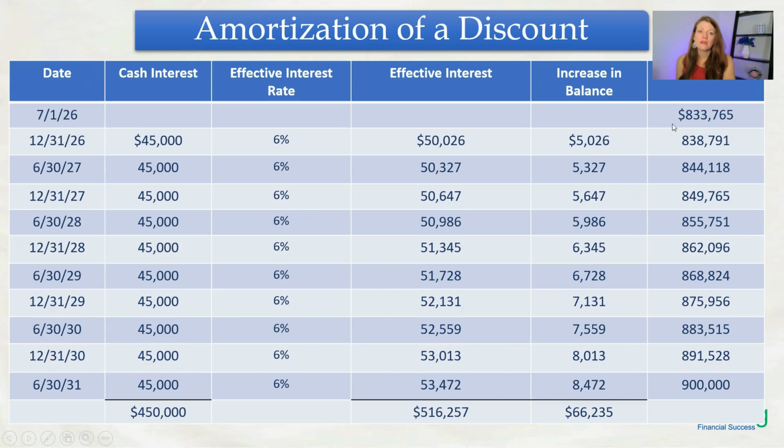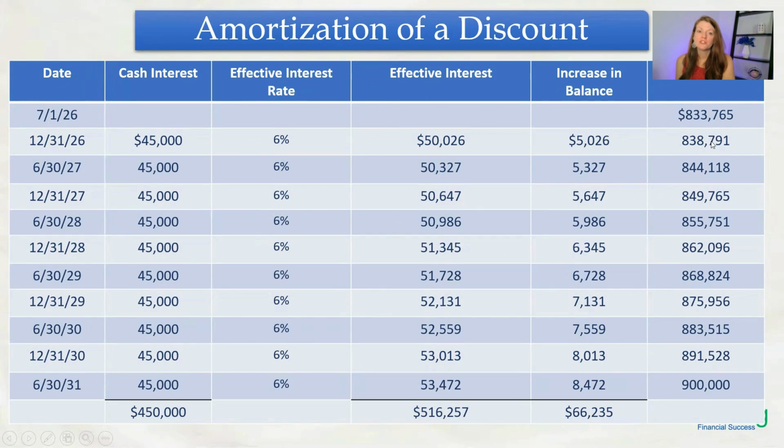So then we take the amortized cost that's sitting there on the balance sheet. We add the increase in the balance, and now the outstanding amount, or the carrying value of the bond, is $838,791. Then we do the same process, but now we're going to use that new balance.